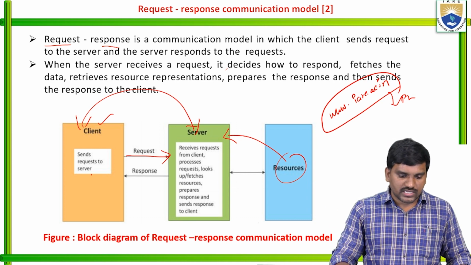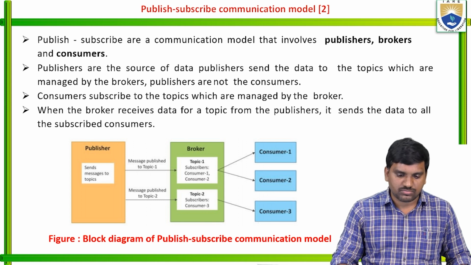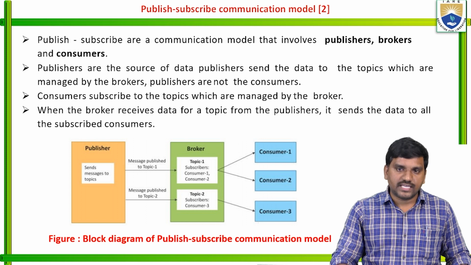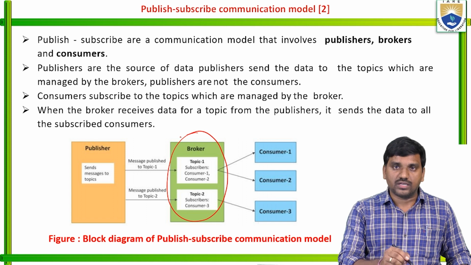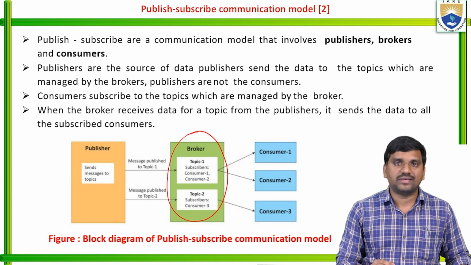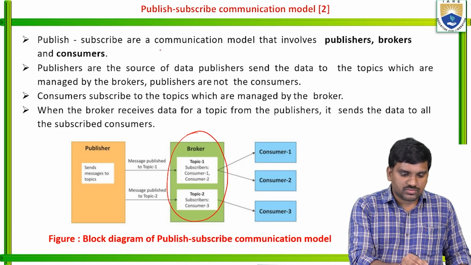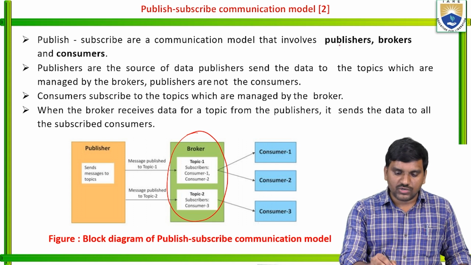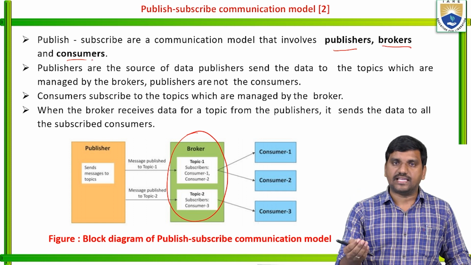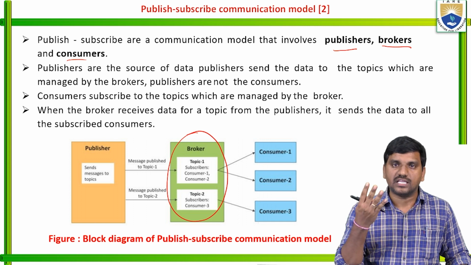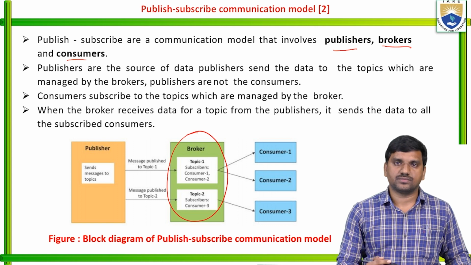Next, move on to the second type of communication model, that is the publish subscribe communication model. Here one intermediary will be available in this communication model, that is the broker or intermediate person. Publish subscribe is a communication model that involves publishers, brokers and consumers. So the communication is going on among three parameters: publishers, brokers and consumers.